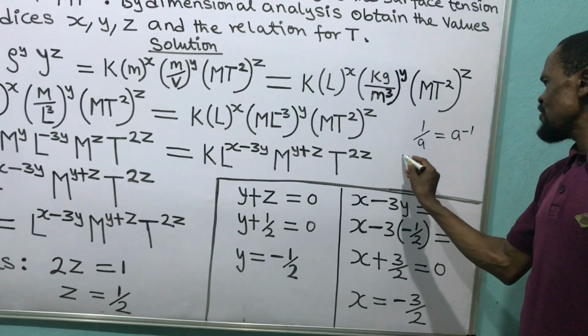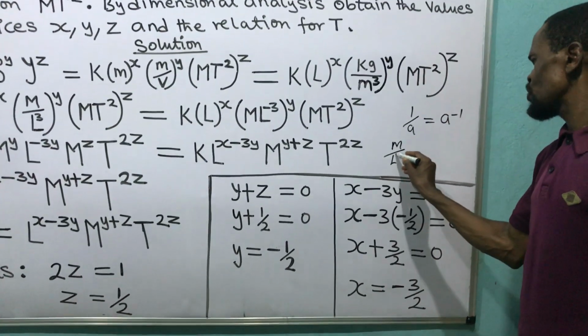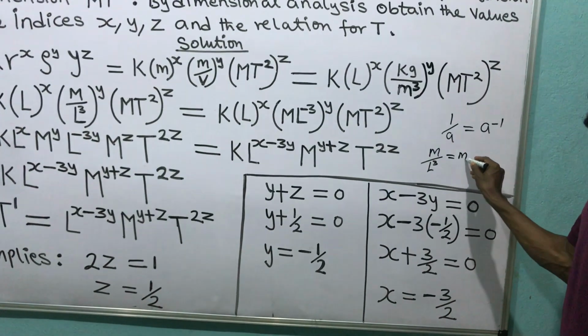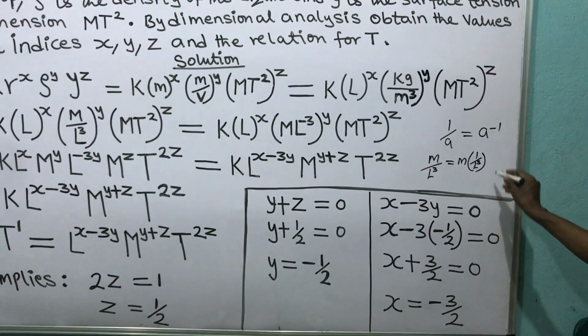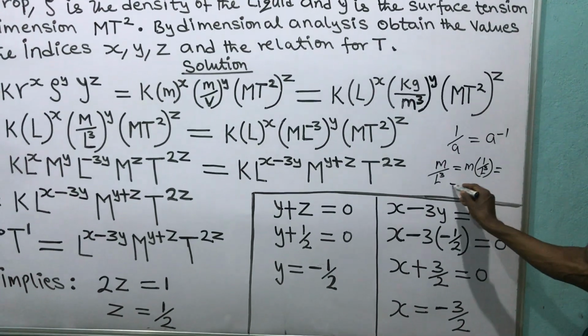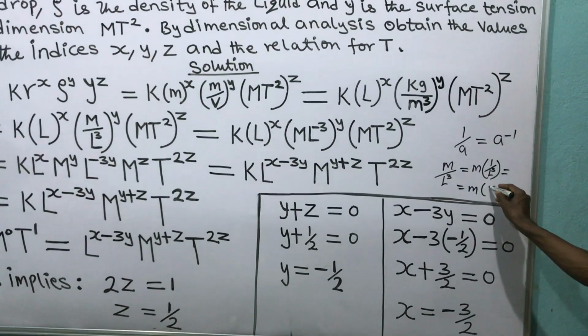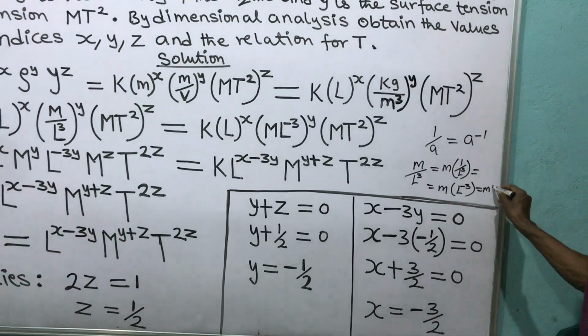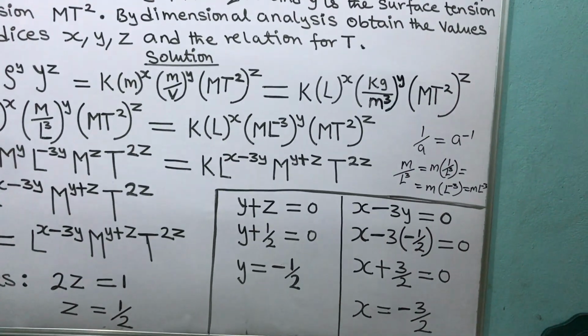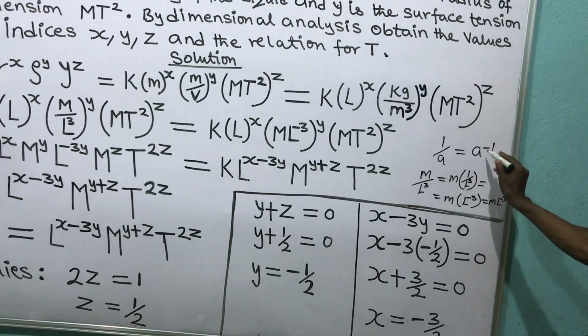Therefore, if I have M over L cubed, it is the same thing as M into 1 over L cube, and that will give me M into L raised to power minus 3. I think you get it right. So this is the same thing as this.